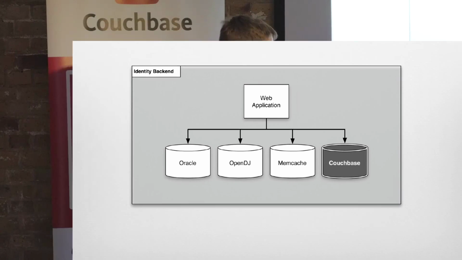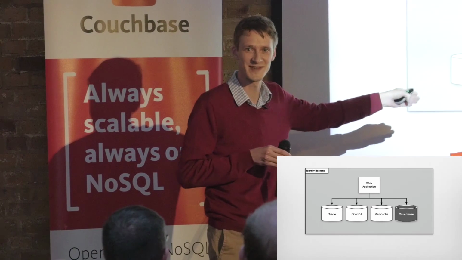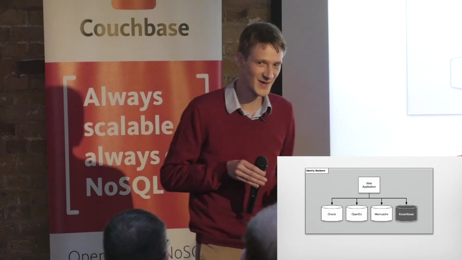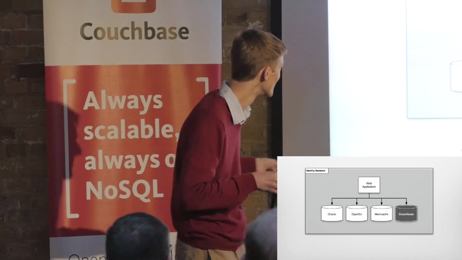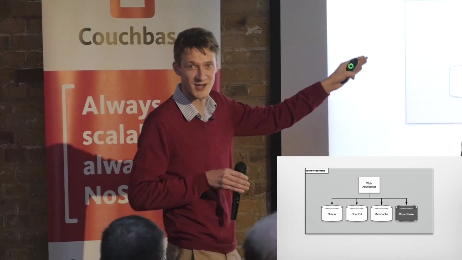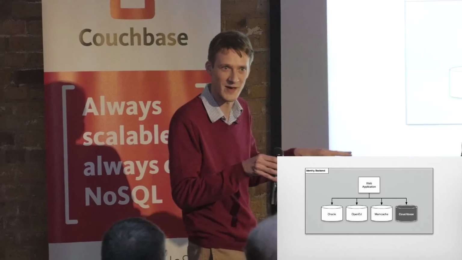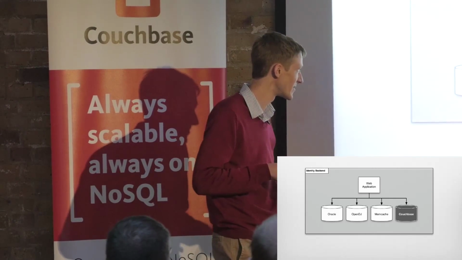You're going to ask me, how did we end up with something that looks a bit like a mess? But I'm going to explain it, and you're going to realize that Couchbase is actually not the small database in this area.